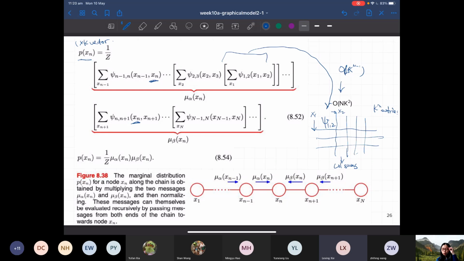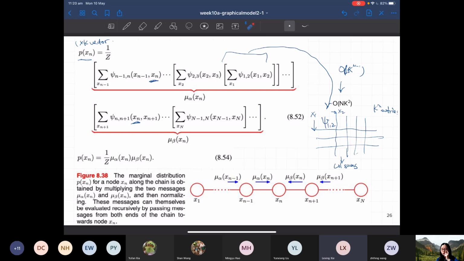Moreover, we can also express this whole terminology more succinctly by recursively defining these alpha and beta messages or functions. So these so-called messages, as we will use next time, are simply functions with part of the potential term marginalized out.